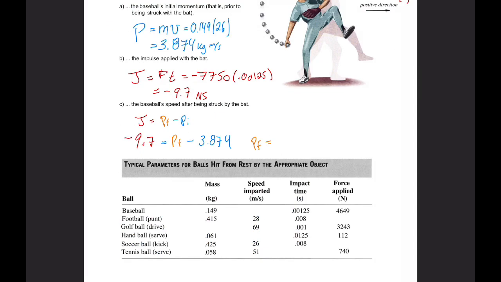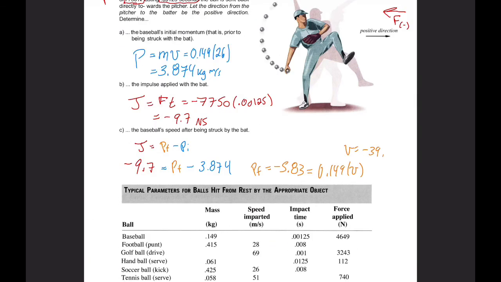When we solve for p final, we get negative 5.83. The negative just tells us that the ball is moving to the left. We can set this equal to the mass times the ball's speed, v. That v will come out as a negative number, which will give us a velocity that is to the left. So we find v equals negative 39 meters per second. That makes sense, as our ball is going backwards after being hit by the bat.